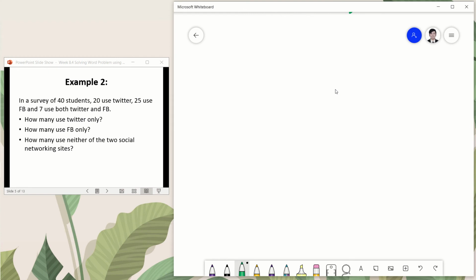As long as they have Twitter, whether they have FB or not, they are counted. So what makes it different in our question? We really want to know who among these people have Twitter only.